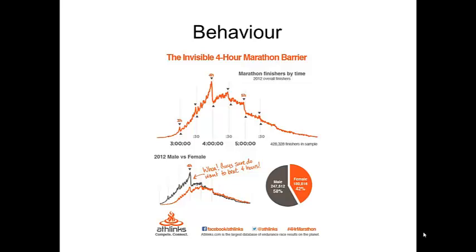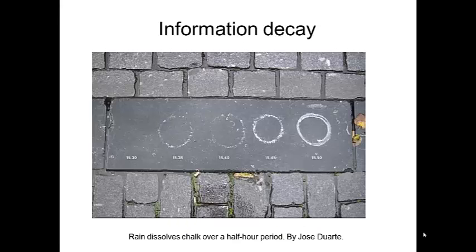So you put that extra effort in, so you get this massive peak at 4 hours of runners coming in just before 4 hours so that they can say they did an under 4 hour marathon. Look at the difference. It's also men who tend to do this rather than women. There's quite a sexual bias on this. So that individual behaviour comes out in group behaviour as well.